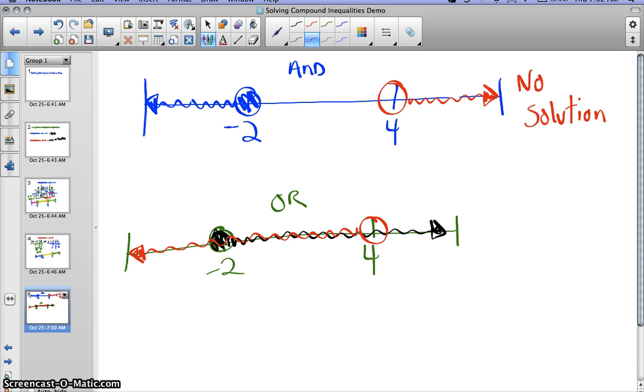If you have an OR that overlaps, and remember, it only has to satisfy one or the other, this turns into all real numbers. Because if they're going over each other, it means one's going one way, one's going the other way, we cover everything in the middle. There's not one number you can find that will not work. So that is all real numbers.